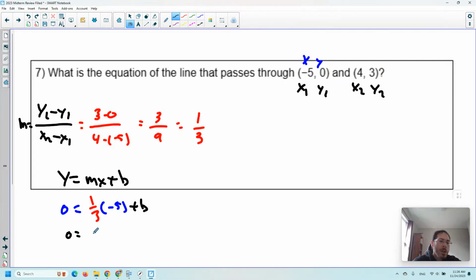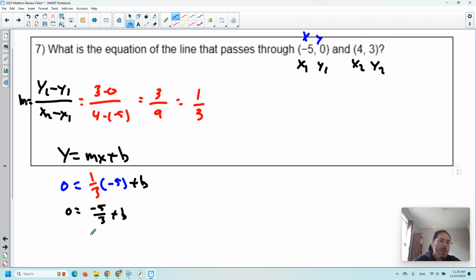So 0 equals -5/3 plus b. We can add 5/3 to both sides to get 5/3 equals b. And that gives us our final equation. Y equals 1/3 x plus 5/3.